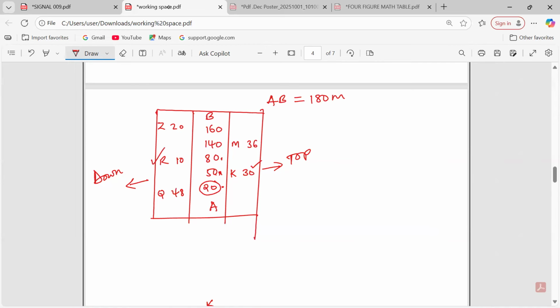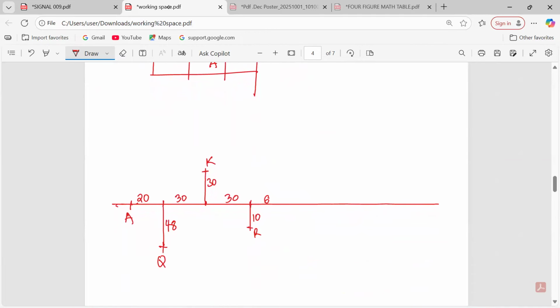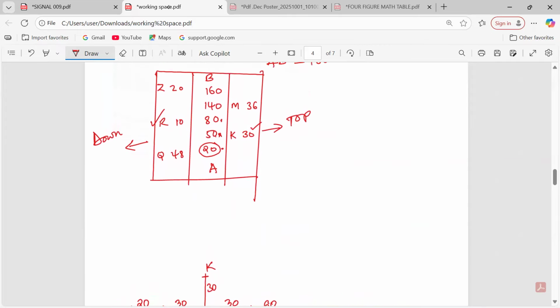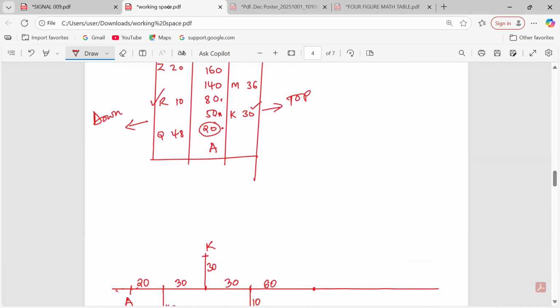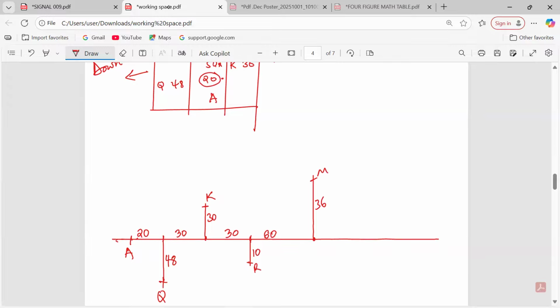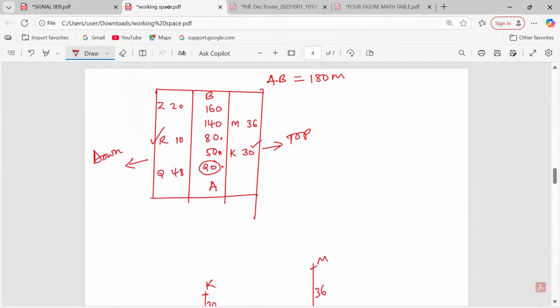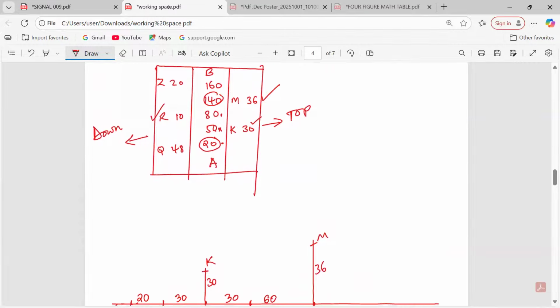And we proceed from 80 to 140, meaning that we are adding 60 this time round. Then after 60, we go to the side with K, that means the upper side, for 36 to M. 36 should relatively be longer than 30 to point M. Then we go for 20, because from 140 we are going to 160.